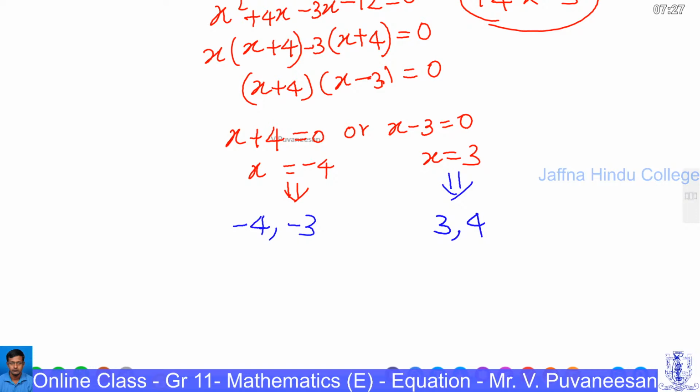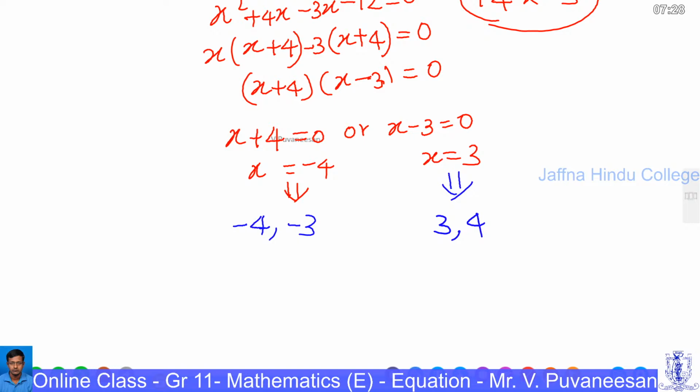The sets of integers are minus 4 and minus 3, or 3 and 4. If x is equal to 3, the consecutive integers are 3 and 4. Otherwise, if x is equal to minus 4, the consecutive integers are minus 4 and minus 3.